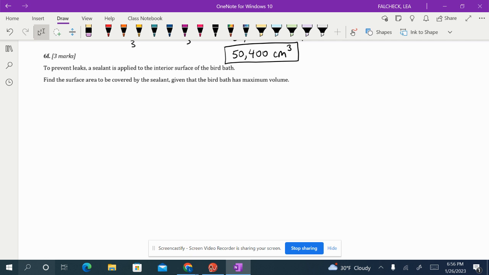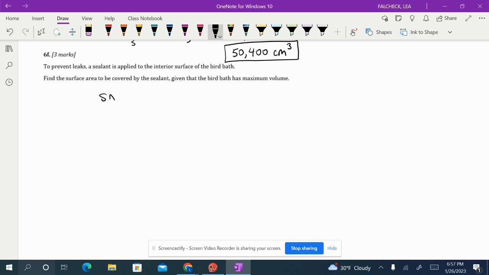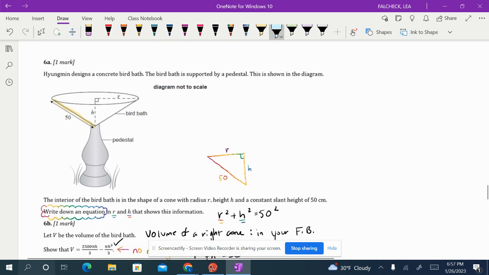So 6F says to prevent leaks, a sealant is applied to the interior surface of the bird bath. Find the surface area to be covered by the sealant given that the bird bath has maximum volume. Okay, so we need the surface area of the cone. And that is in your formula booklet. Okay, so we don't need the bottom. We don't need this part here.